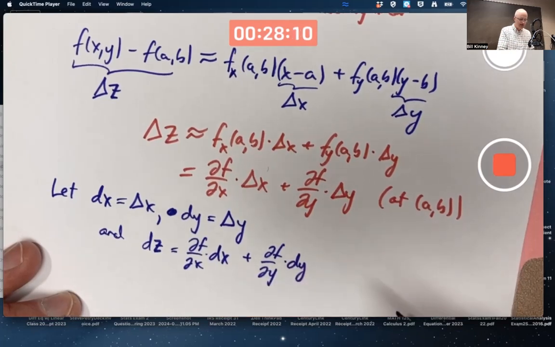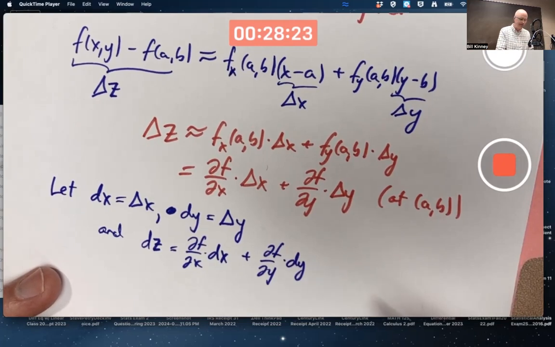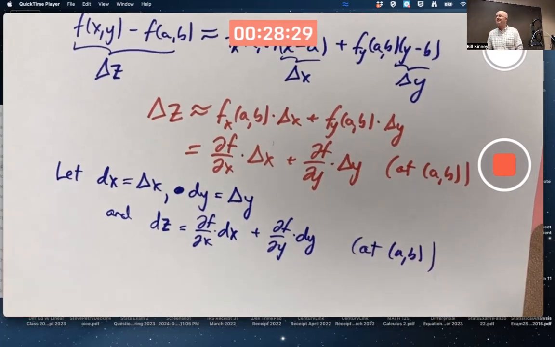I put dots in there kind of by accident in the second case, so I put it over there as well. The dots are not necessary. It's not a dot product. It's a multiplication. Maybe you should write it without dots in there. I don't want you to think it's a dot product.